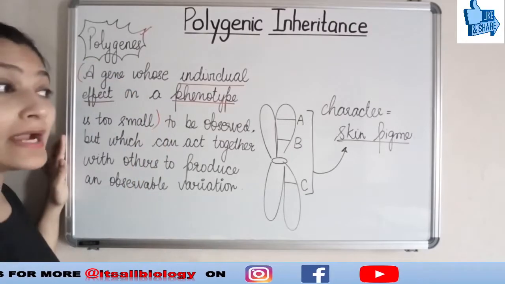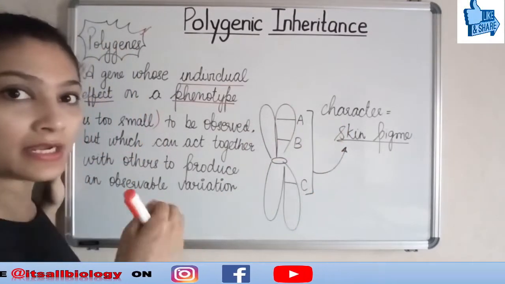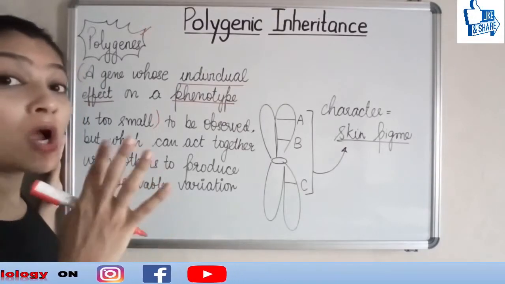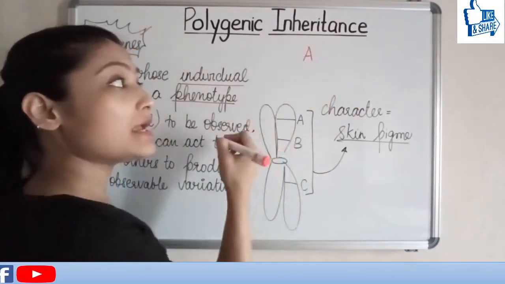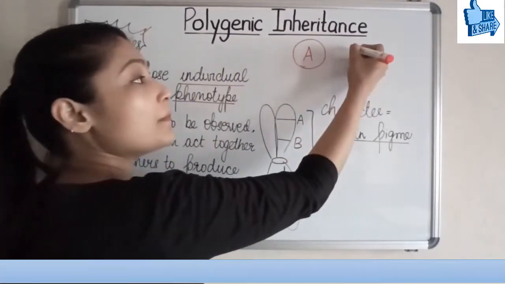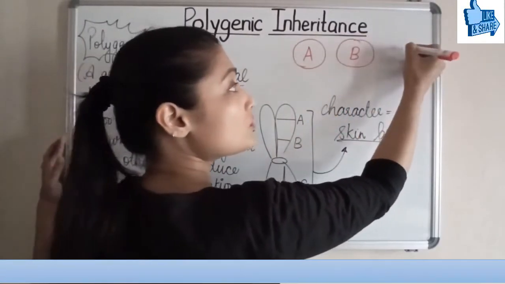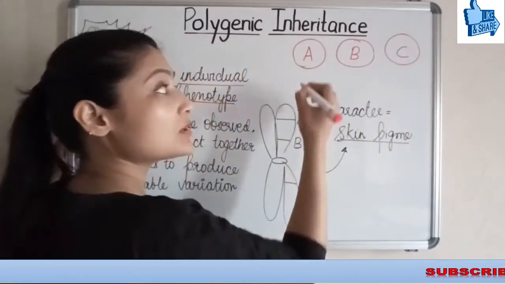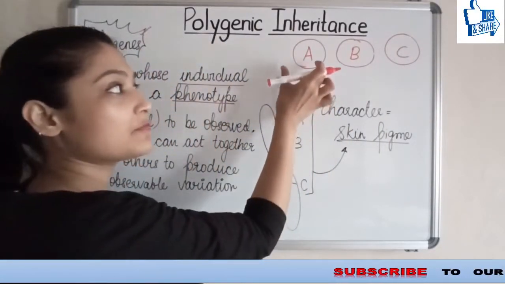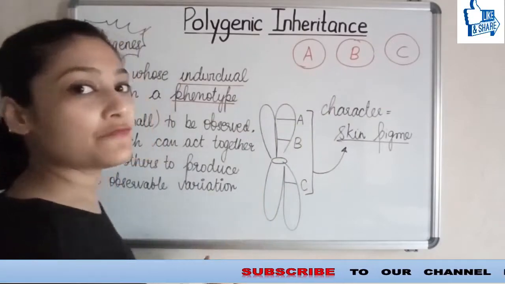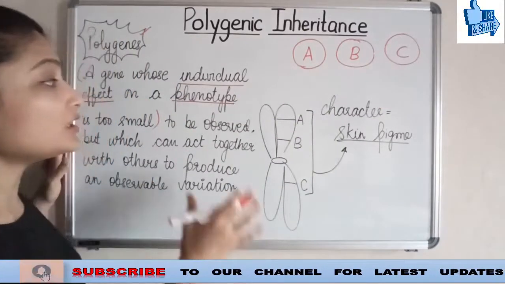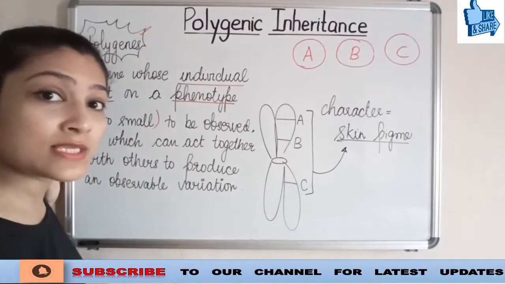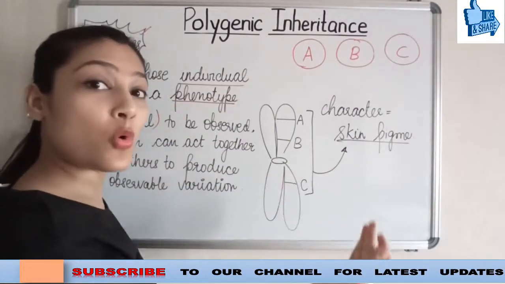It is such a type of gene whose individual effect, meaning that if A is present alone, B is present alone and C is present alone, their separate effect is very small, negligible. What it is trying to say here is, effect on what?